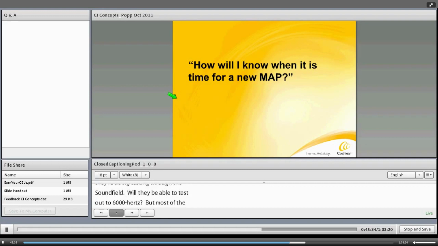There may be situations when they're doing testing through the sound field where they will be able to test out to 6,000 hertz, but most of the speakers that are used for sound field threshold testing are not calibrated for 8,000 hertz. And so it's actually not a CI limitation, it's a testing environment limitation.